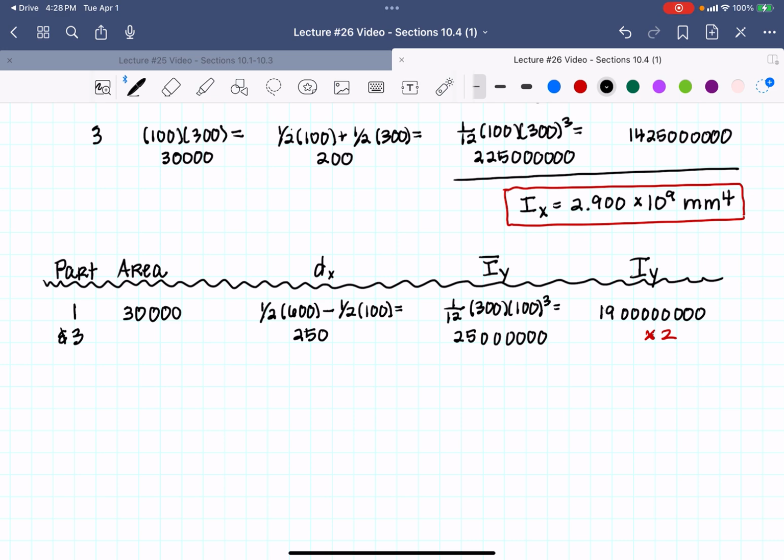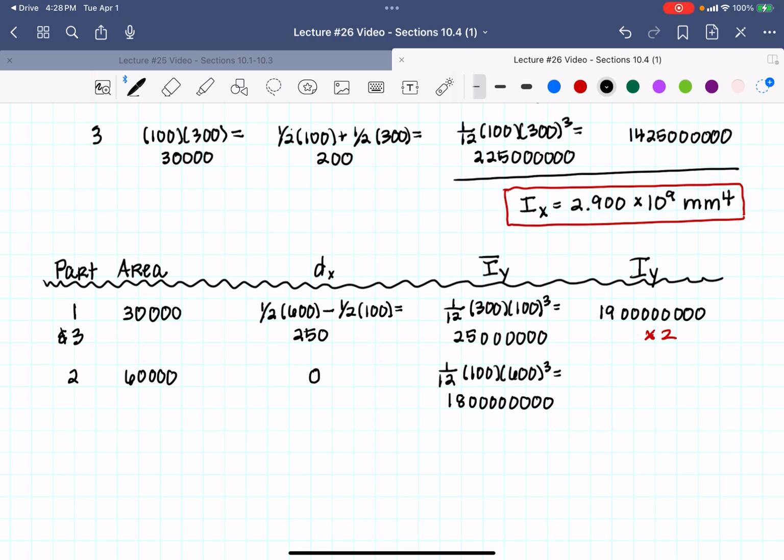And then I'm going to do part 2, which we know our area from up above was 60,000. Its distance, it is on the centroid, is where the y-axis is of that part. Its I of y bar is 1/12 times 100 times 600 cubed, which equals a really big number, 18 with several more digits.